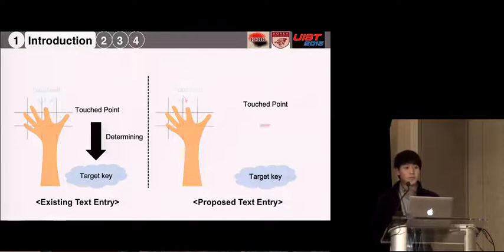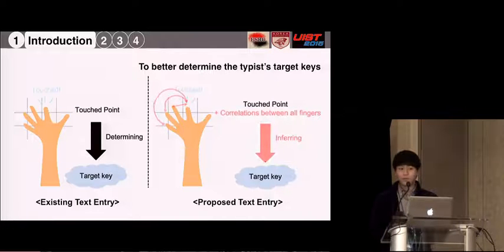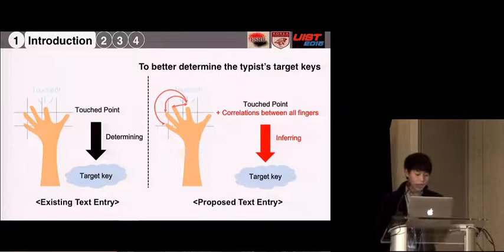The second observation is to consider the correlations between all fingers, including touching and non-touching fingers. This slide shows the existing and proposed text entry. In the case of existing text entry, a target key is determined by a touch point only.